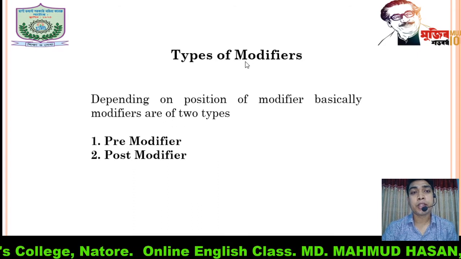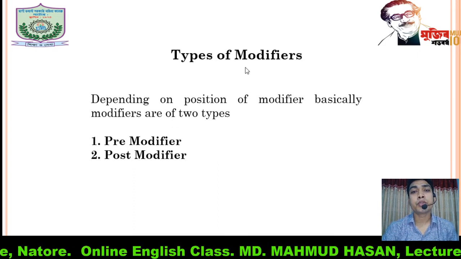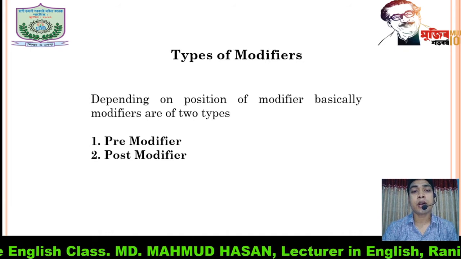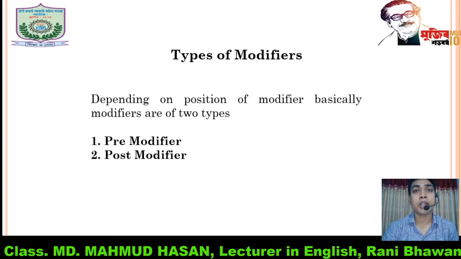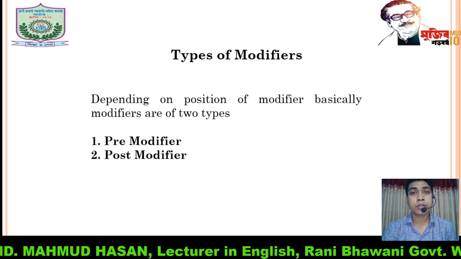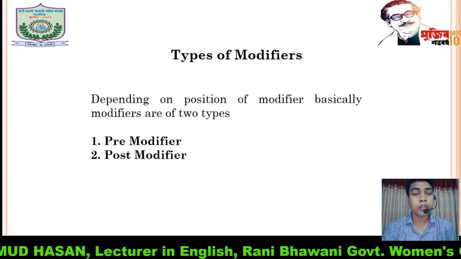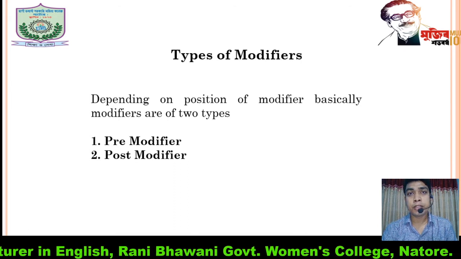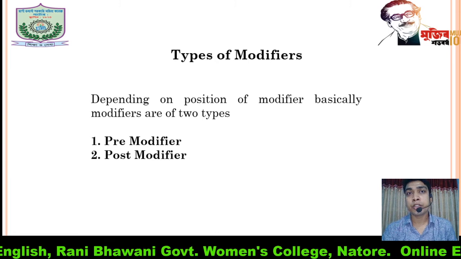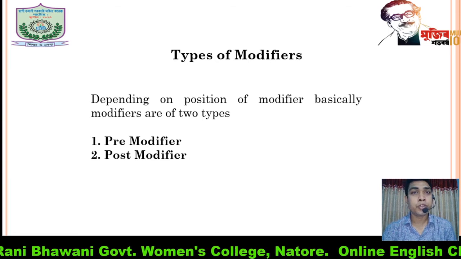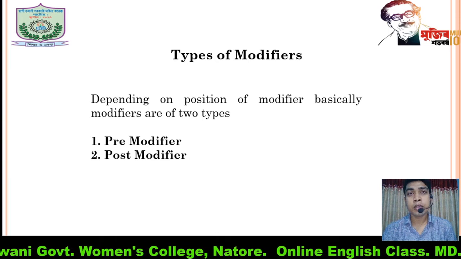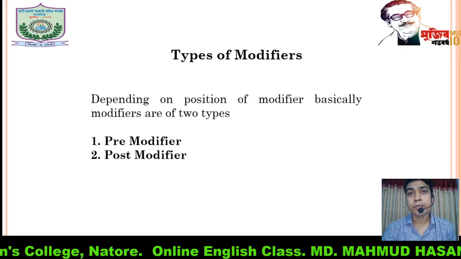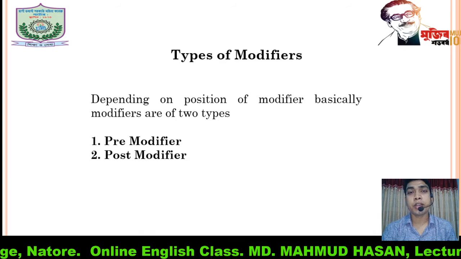Types of modifiers. Depending on the position of the modifier, basically modifiers are of two types. So the position of the modifier makes the difference. Depending upon the position of the modifier, our modifiers are of two types: pre-modifiers and post-modifiers.